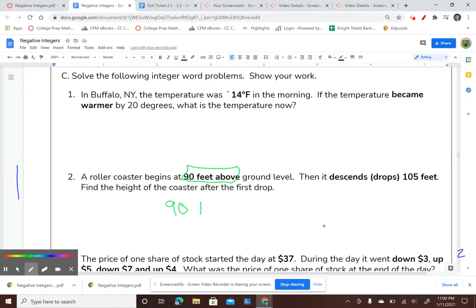So again, we're going to write this as an addition expression. So I need to include my adding sign. And then if it's dropping 105 feet, I'm going to add negative 105. So 90 plus negative 105, where does that put me?